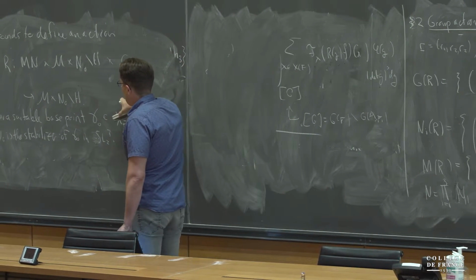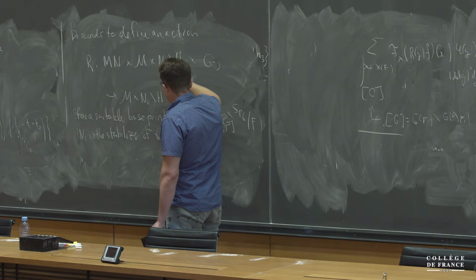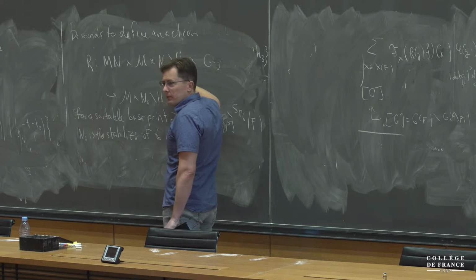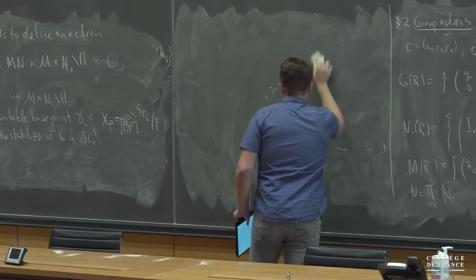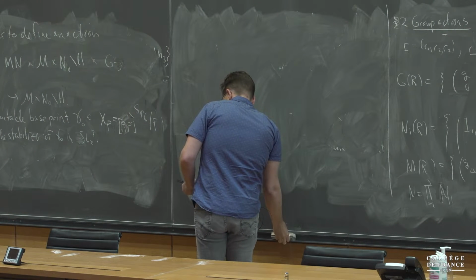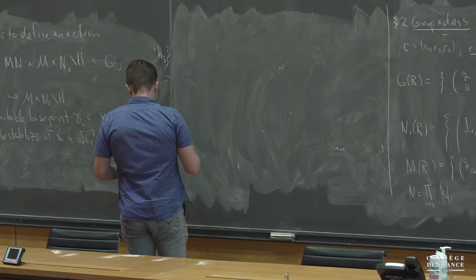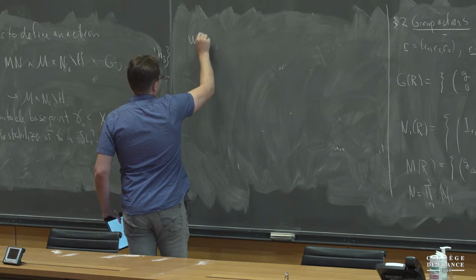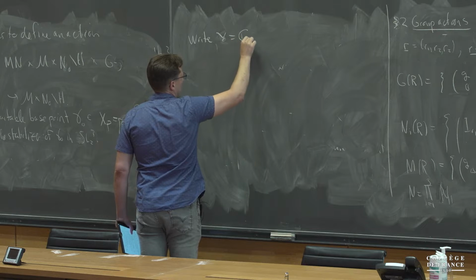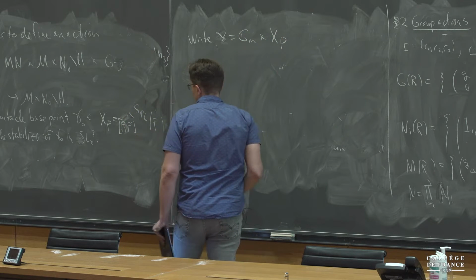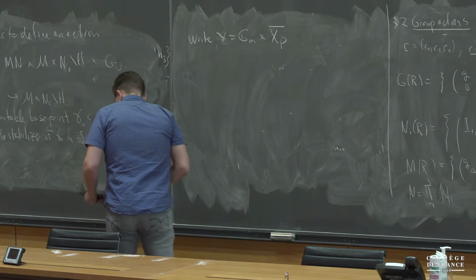It means that I can take this action and I can extend it to the Braverman-Kazhdan space that forms some sort of compactification of this. Okay. So let me write Y equals Gm cross Xp. Maybe I'll put an Xp bar where I'm looking at this Braverman-Kazhdan space again.